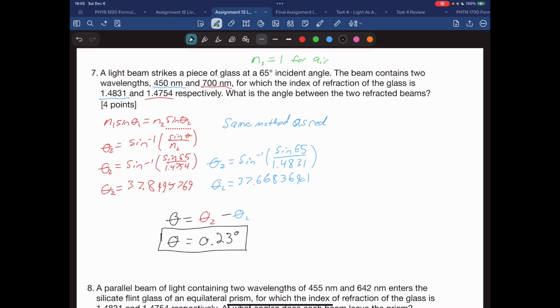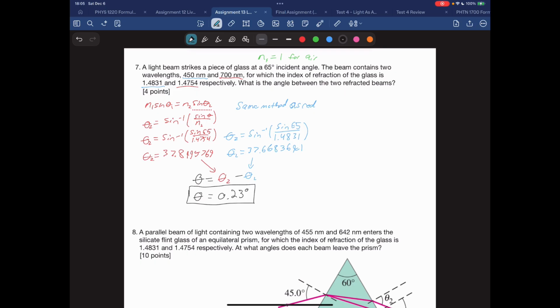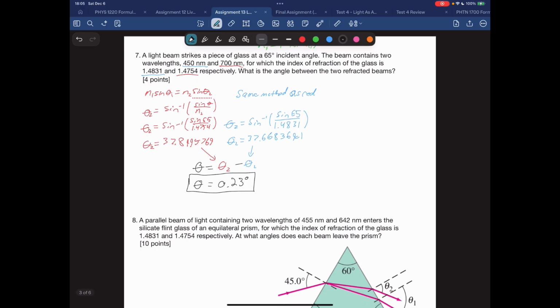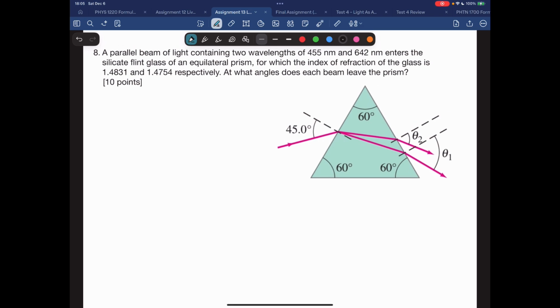Again, I'm sure you can see with the color coding which angle goes where in that formula. I just don't want to bother writing every single decimal. I'll write out most, though. So that was question 7. Question 8. This was, I believe, the biggest one on this assignment.